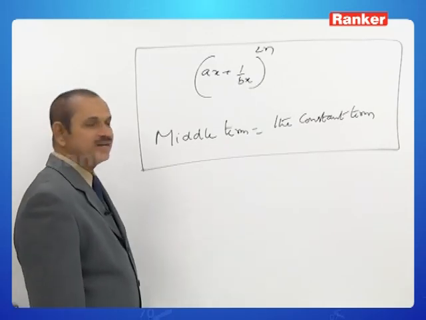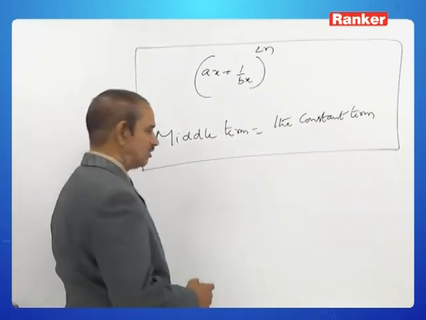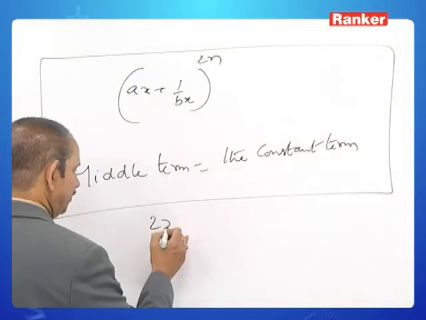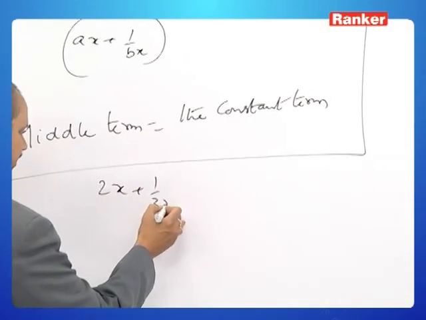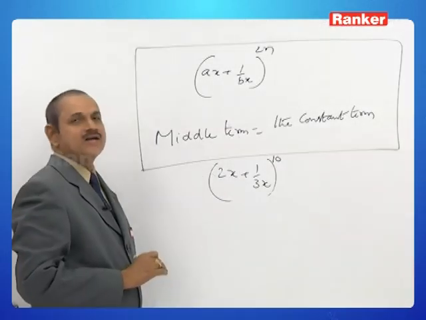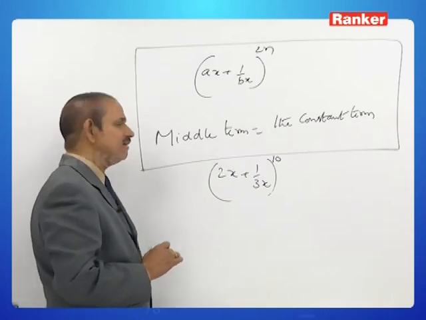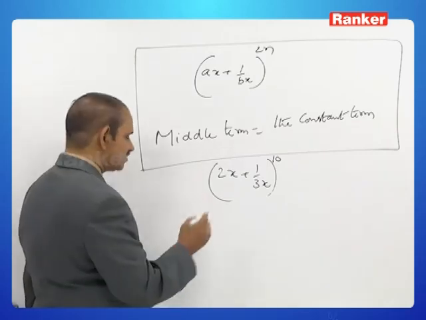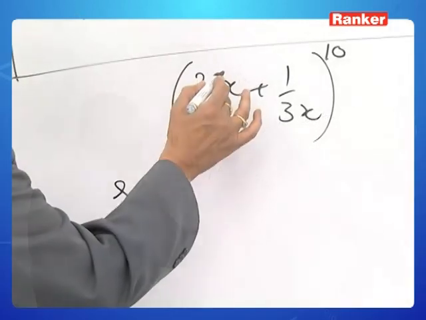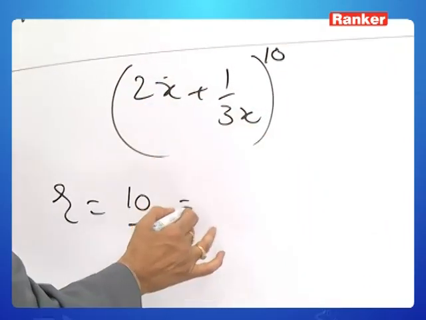Well, what about the constant term? It will be made clear if you go through one example. Look here, (2x plus 1 by 3x) whole to the power of 10 is there. I would like to have the constant term. Please recollect the style of getting the constant term. First of all, we have r equals 10 by (p plus q), that is 2, which is equal to 5.